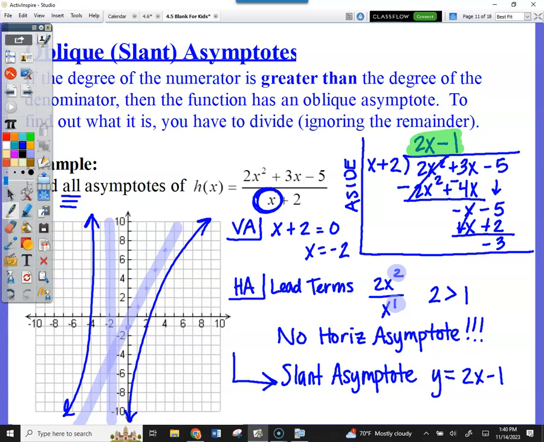I personally don't mind long division because I'm not afraid of it. I would encourage you to practice it because it's really not bad. But yes, you could. If you did the synthetic division here, it would have looked like this. 5.